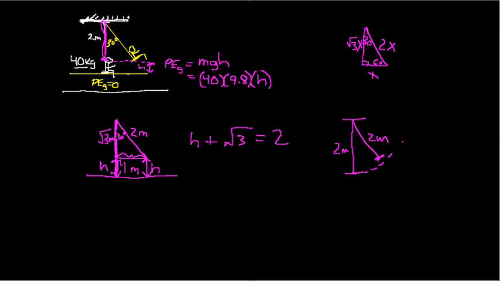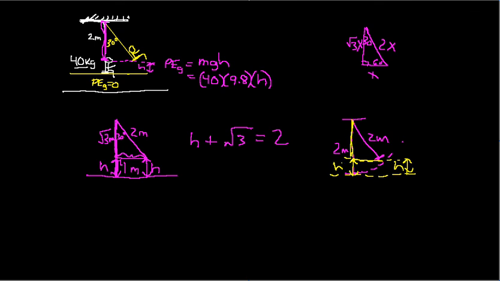Then I'll do yellow. This is the height distance that it was raised that I'm looking at. I want to find how much did it go up. I need to find this piece, because I know that this piece plus this height has to equal the 2 that I started with.